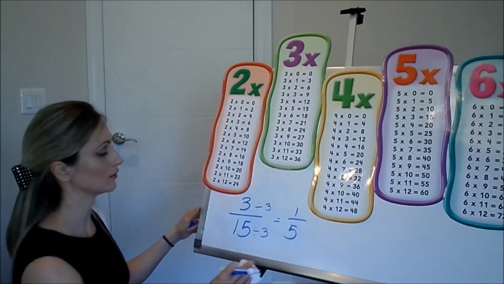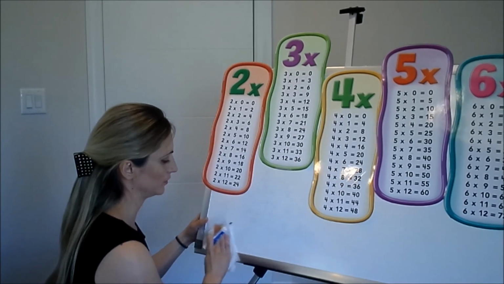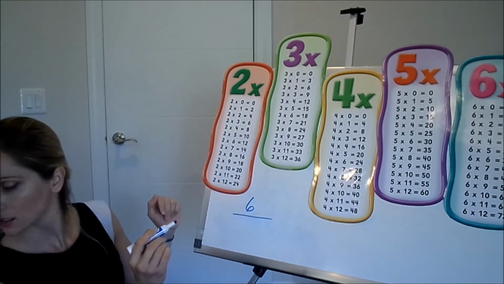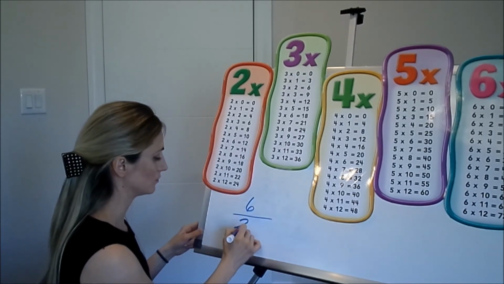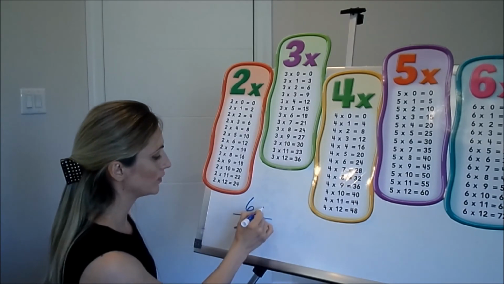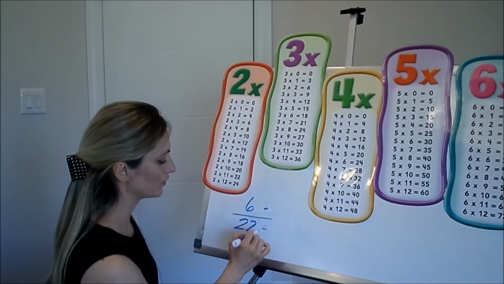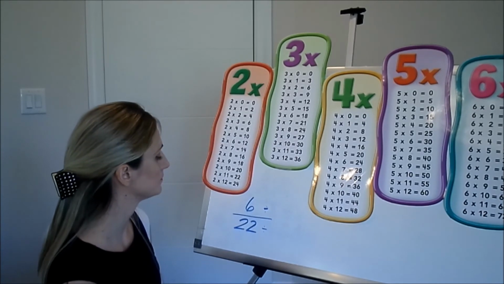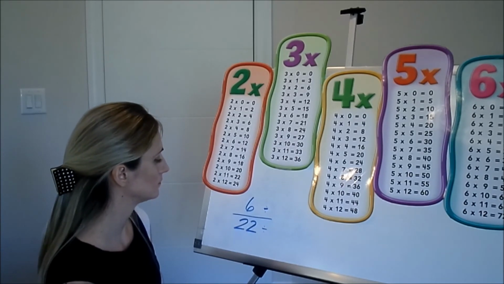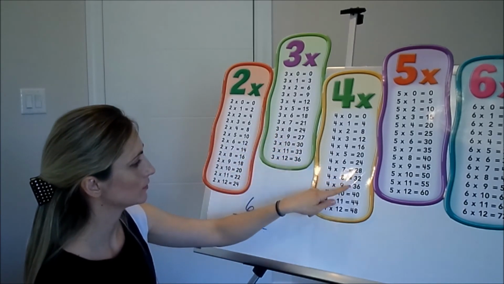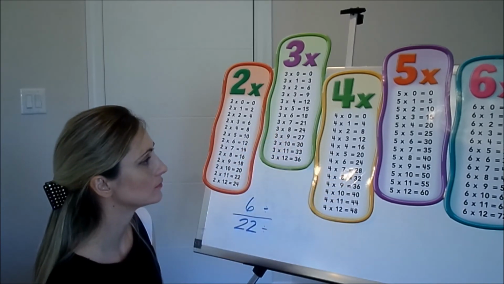Okay? And one more. 6/22. What number can divide both of these evenly? See if you can do it.